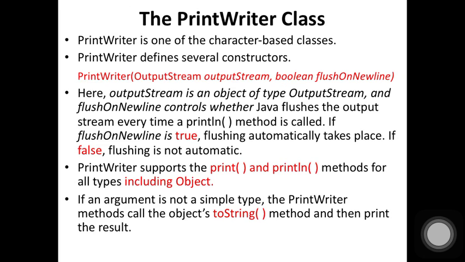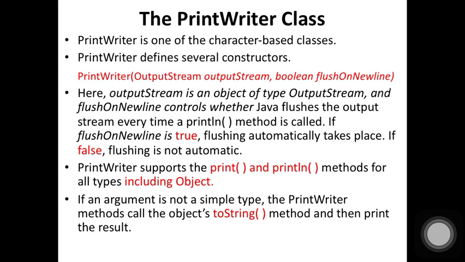And one more way is we can do the same by means of PrintWriter. It is a character based class, and PrintWriter defines several constructors. One accepts two parameters, an output stream and a boolean flushOnNewline. So take the output stream and the boolean value true or false.